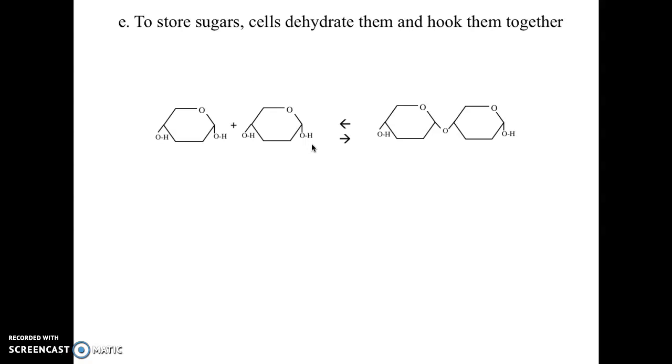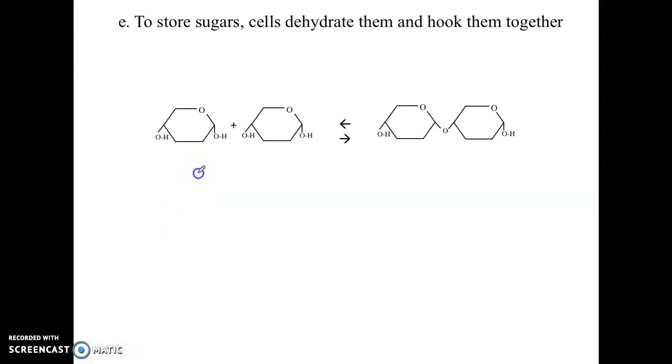And cells are going to do the same thing, all right? If we look at these two sugars right here, we have an OH group and an OH group here, all right? If we take one of these hydrogens, and this oxygen, that will give us H2O or water, okay?